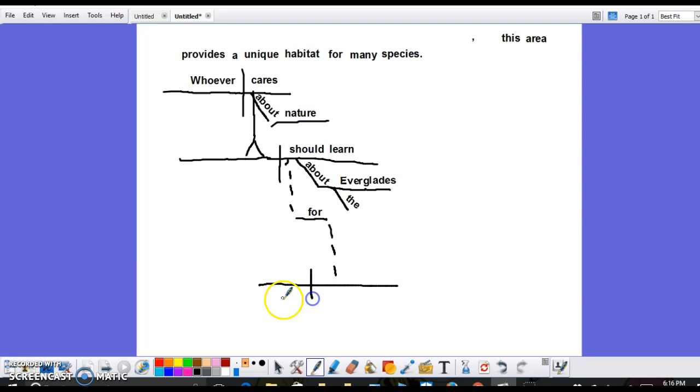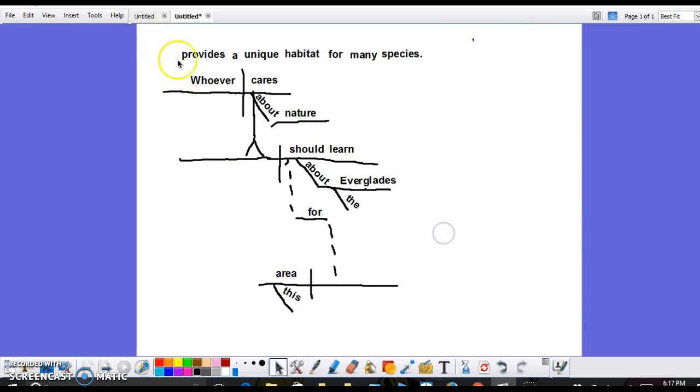And what do you think is going to go right here? The area. That's right. So we're going to put area here. And do you have any idea what we're going to do with that? The line. Yeah, because it's an adjective, right? So we'll tilt it. Probably tilted it a little wrong.